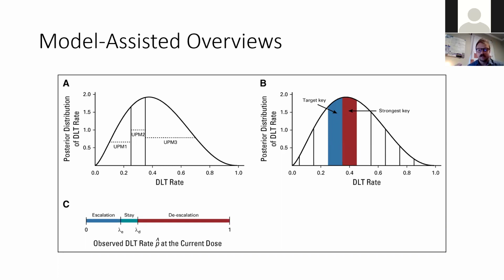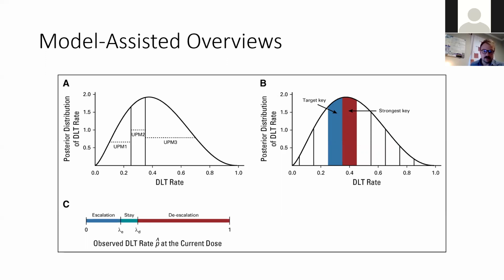So given the data that we observed at our current dose, the mTPI is going to make the decision of dose escalation and de-escalation on the basis of the unit probability mass, or UPM, of those 3 intervals. Say we denote our true DLT probability as P. The UPM of these intervals is then defined as the posterior probability, so the probability calculated after looking at the data, that P resides within that interval, divided by the length of the interval itself.